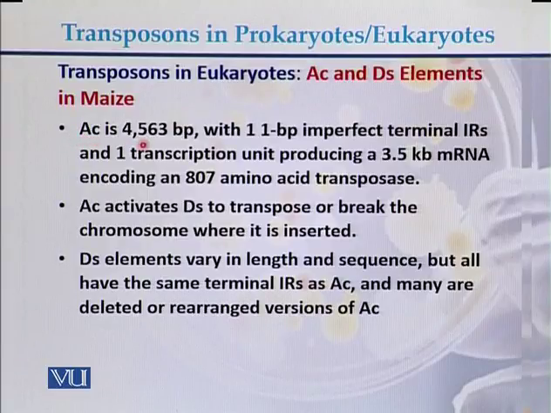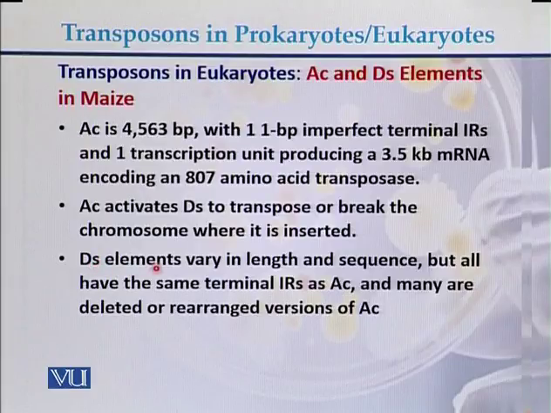Activator elements can be up to 5,563 base pairs with 11 base pair imperfect terminal inverted repeat sequences. Ac activates Ds to transpose or break the chromosome where it is inserted.